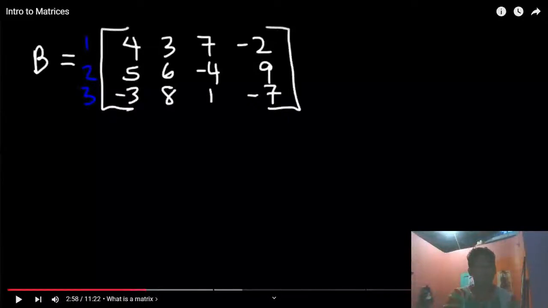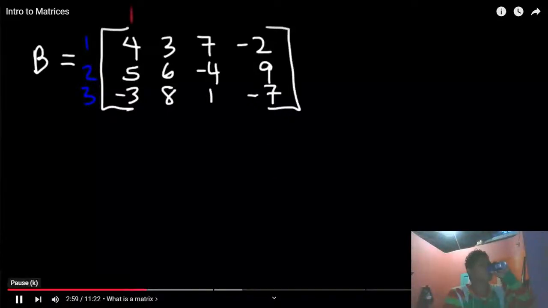Let's keep on with this question here. So we have 1, 2, 3. We have 3 rows and 4 columns. We have 4 columns going down like that. So if we look at it, we have 1, 2, 3 rows and 4 columns, so that would be a 3 by 4 matrix.